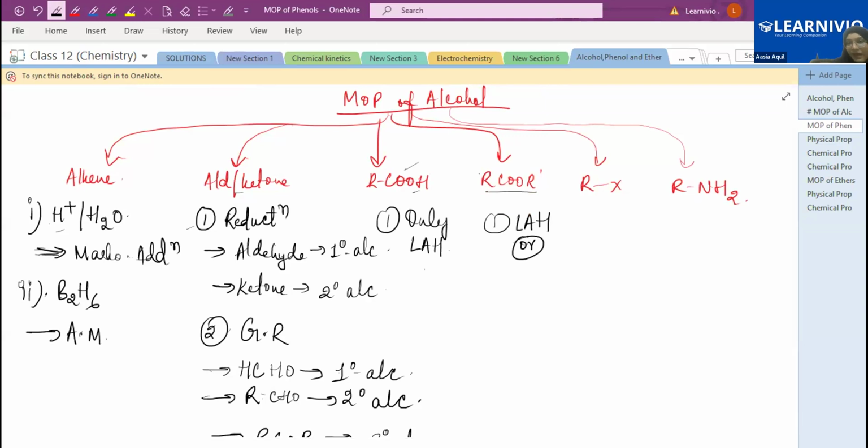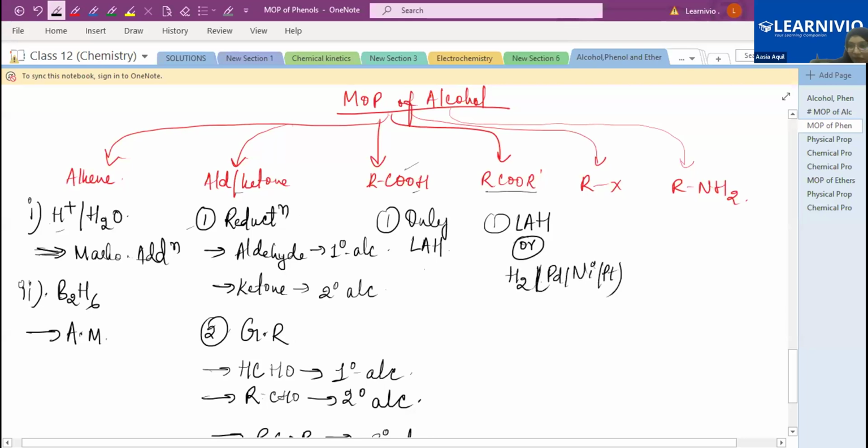But lithium aluminium hydride or catalytic hydrogenation, like H2 in the presence of palladium, nickel, or platinum catalyst, can be used as a reducing agent for ester. So ester will be reduced to the corresponding alcohol on treatment with lithium aluminium hydride or H2 with palladium catalyst.